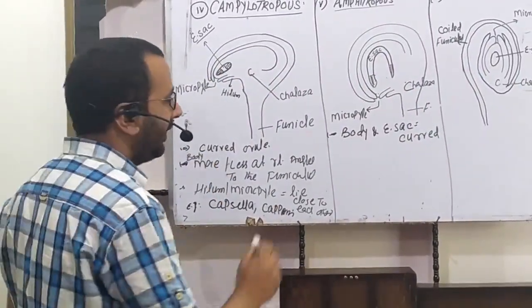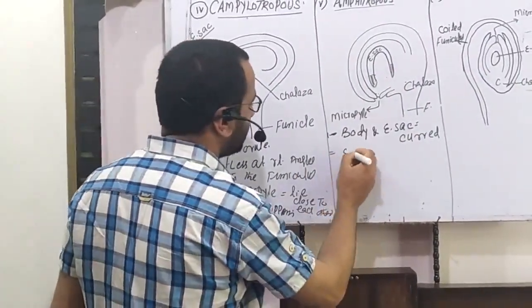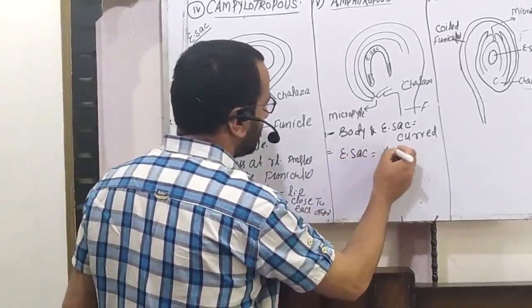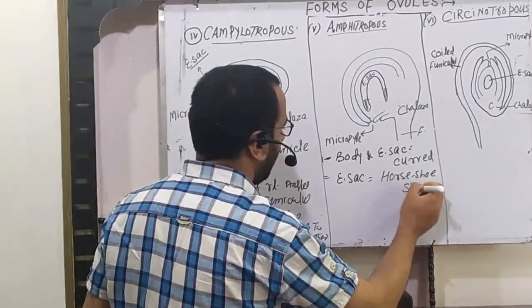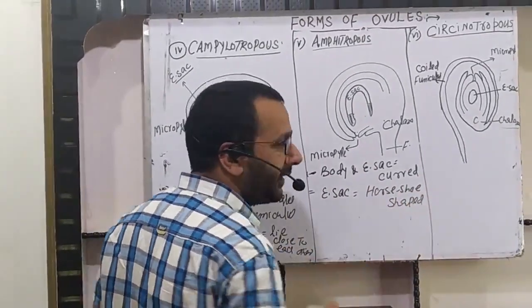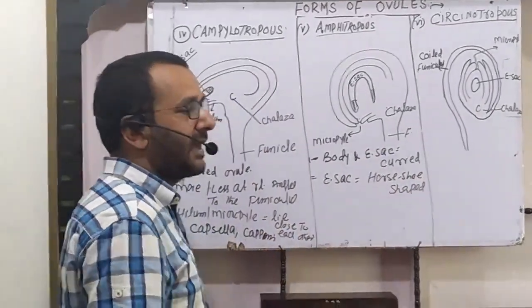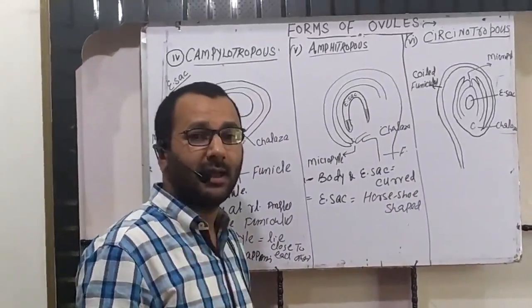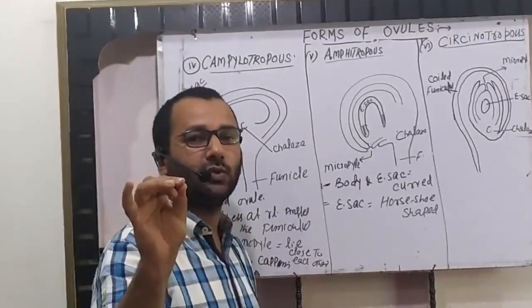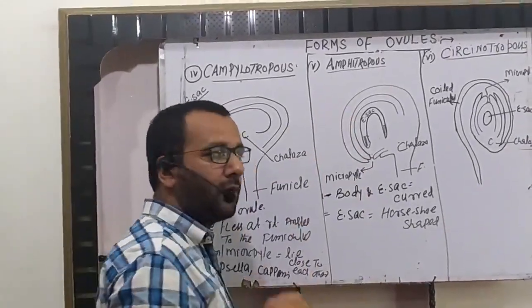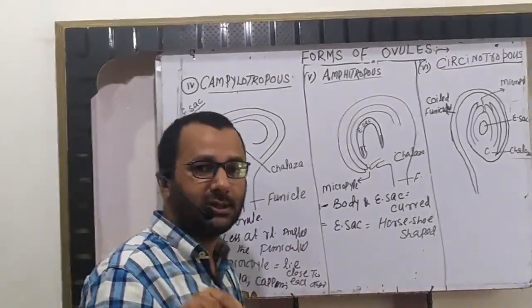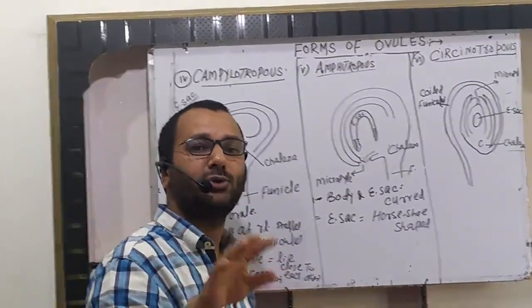Number second, you will remember over here, this embryo sac is horseshoe shaped. Very important point it is. Sometimes it has been asked in different competitive exams, name the ovule in which embryo sac is horseshoe shaped. So amphitropous ovule is the type of ovule in which embryo sac is horseshoe shaped.